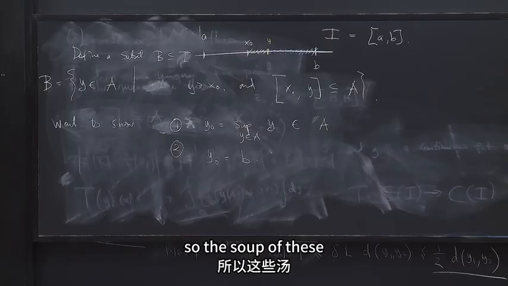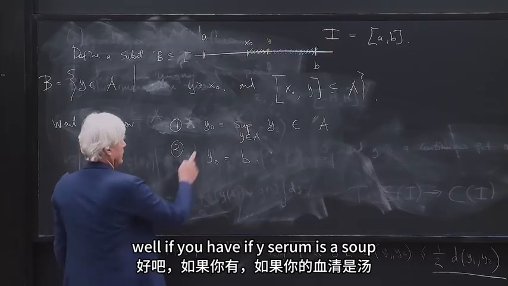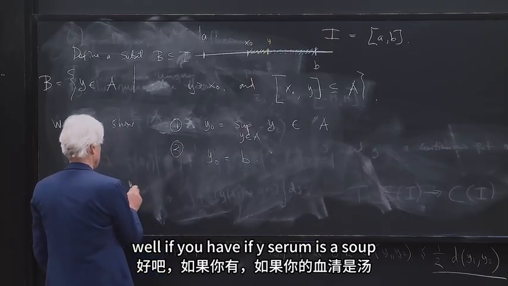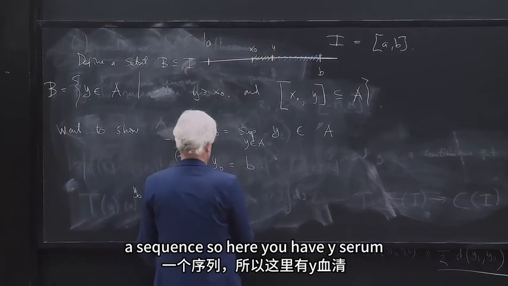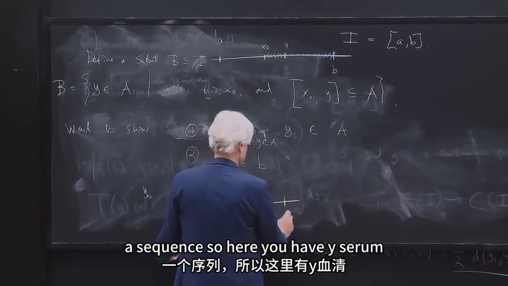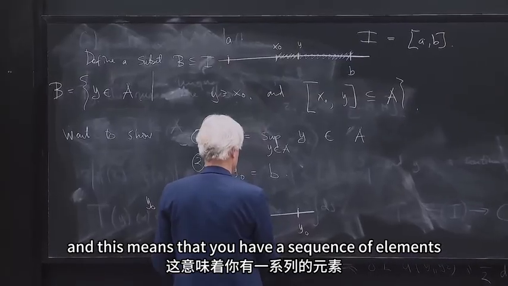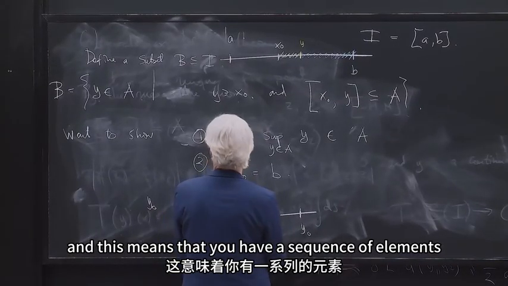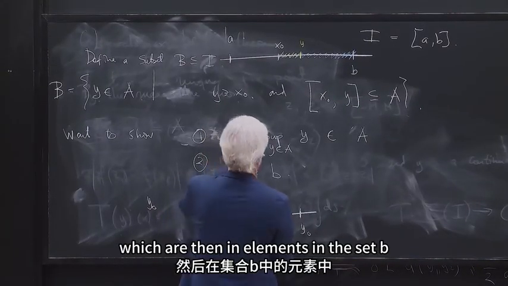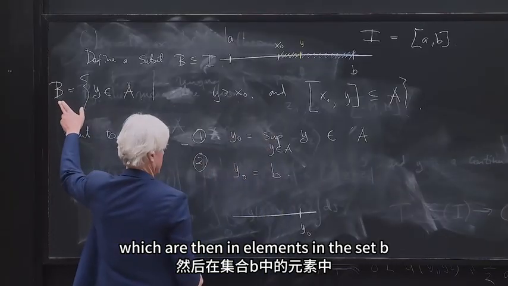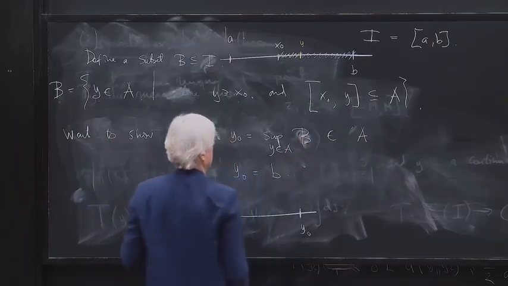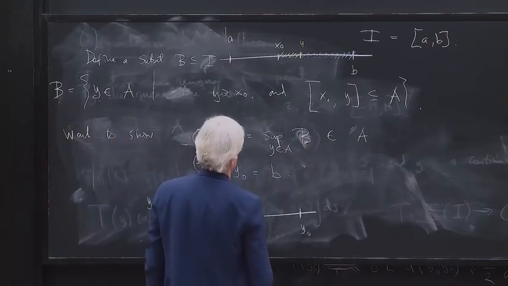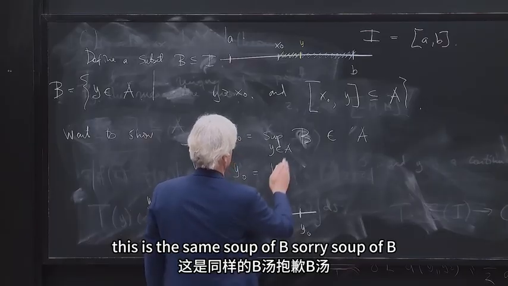So the sup of these, well, if y0 is the sup of elements, then you have a sequence of elements in the set B. This is sup of B, sorry.